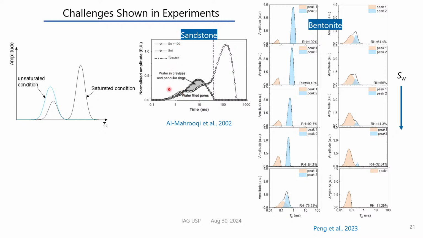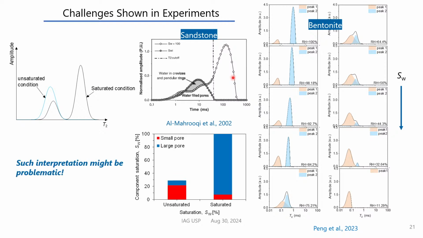Such misinterpretation is actually very common in NMR-related literature, especially in terms of interpreting the field data. So we found the roots of this error, and we established a new method, a framework to interpret this unsaturated condition.